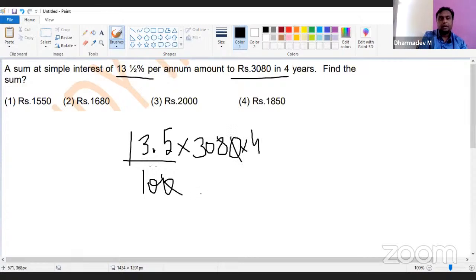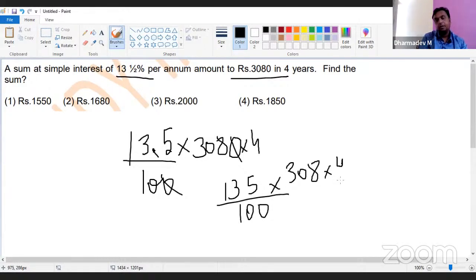So this I can write as 135 by 10, so that will also become 100 times 308 times 4. 4 into 3 is 12, times 135.